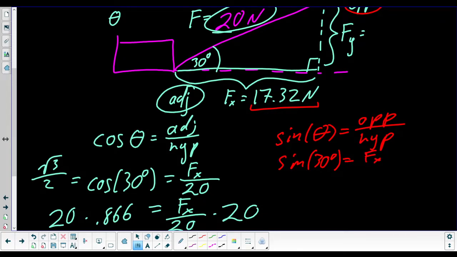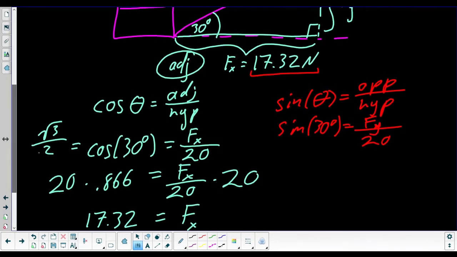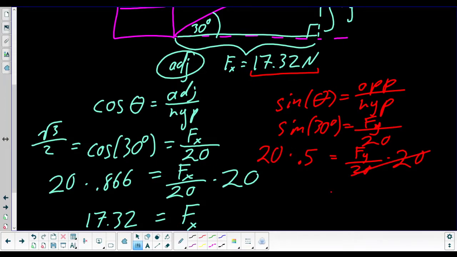F of y divided by 20. Sine of 30, if you type that into calculator, you will find that it equals 0.5. It's 1/2 exactly. Equals f of y over 20, times 20 on both sides. So we get 10 newtons for f of y.